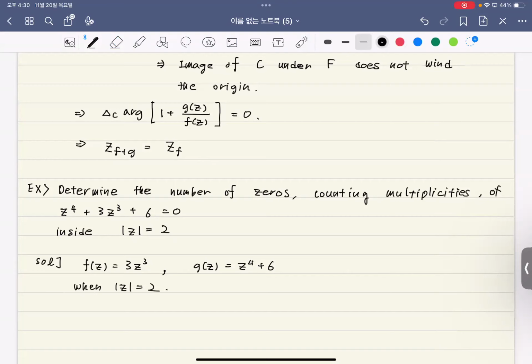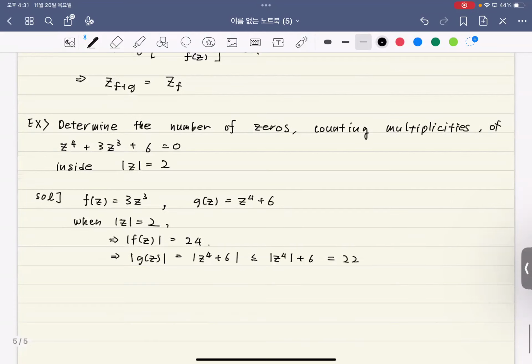Now, when |z| equals 2, the modulus of the function f of z is what? It is 8 times 3, which is 24. And the modulus of the function g of z is bounded above by, and we know that this number cannot exceed this by using the triangle inequality, 16 and 6, which is 22.